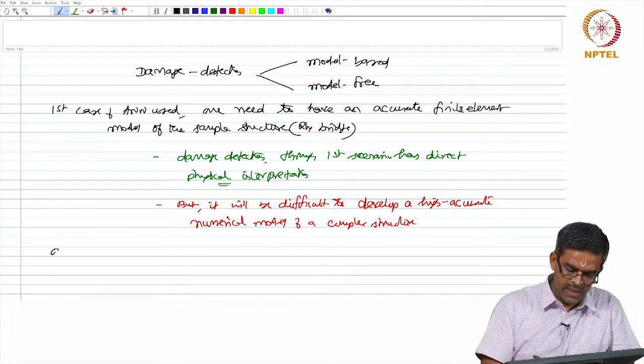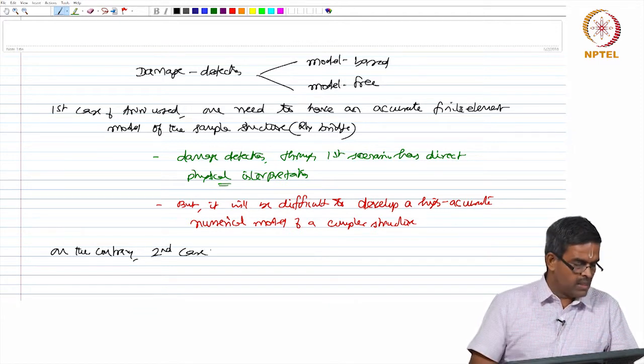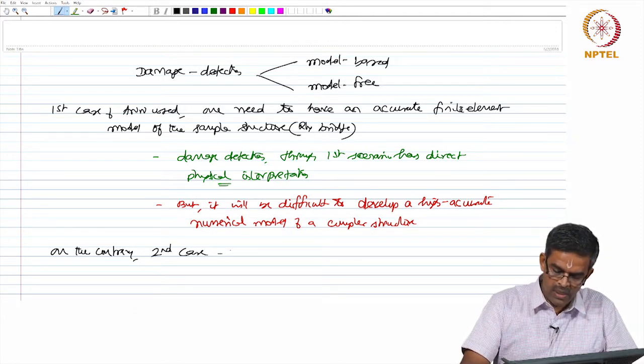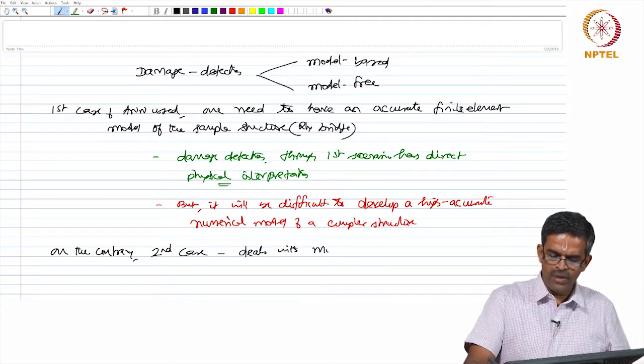If you look at the second case, it deals with a model free approach.